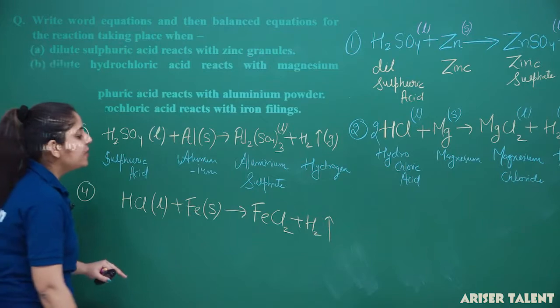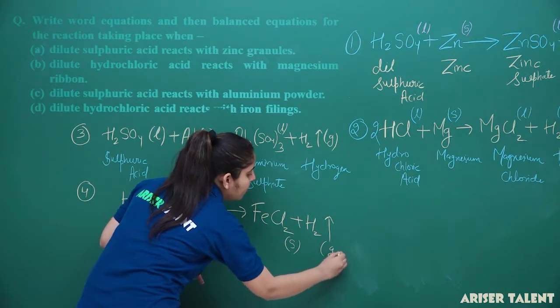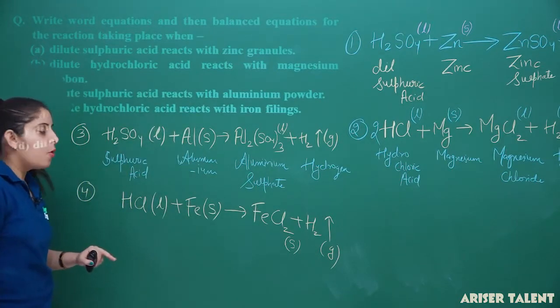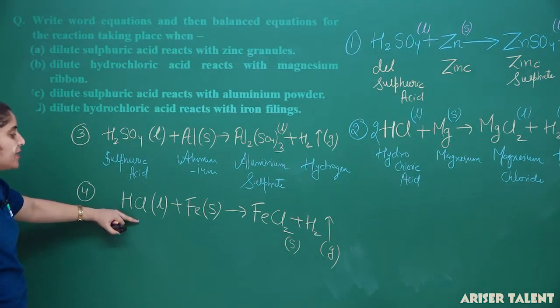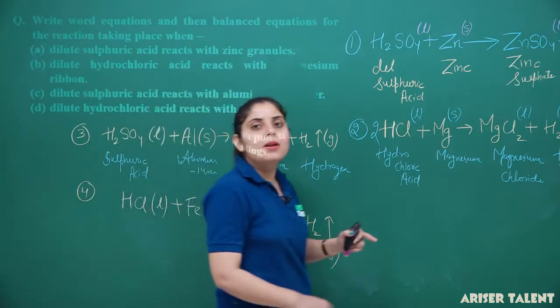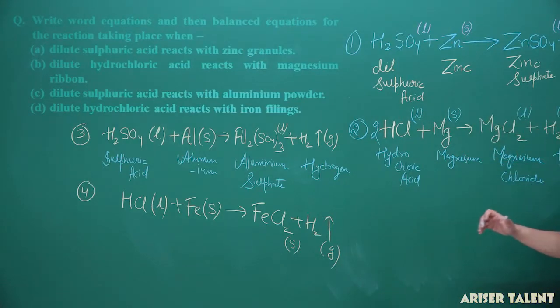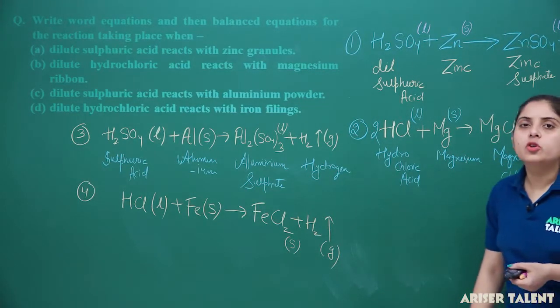FeCl2 will be in solid form and hydrogen will be in gaseous form. So this is our hydrochloric acid, this is iron, this is ferrous chloride, and this will be our hydrogen gas. So we can write the balanced equation as follows. You can copy it from here for the solution of this problem.